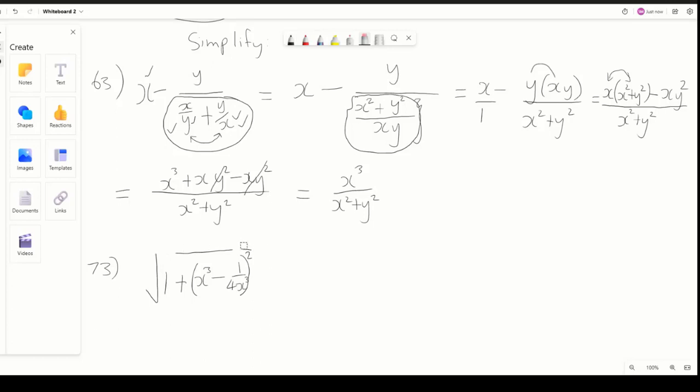Yeah, so I've got 1 plus open bracket x cubed minus 1 over 4x cubed, all squared, okay? So we need to simplify that expression.